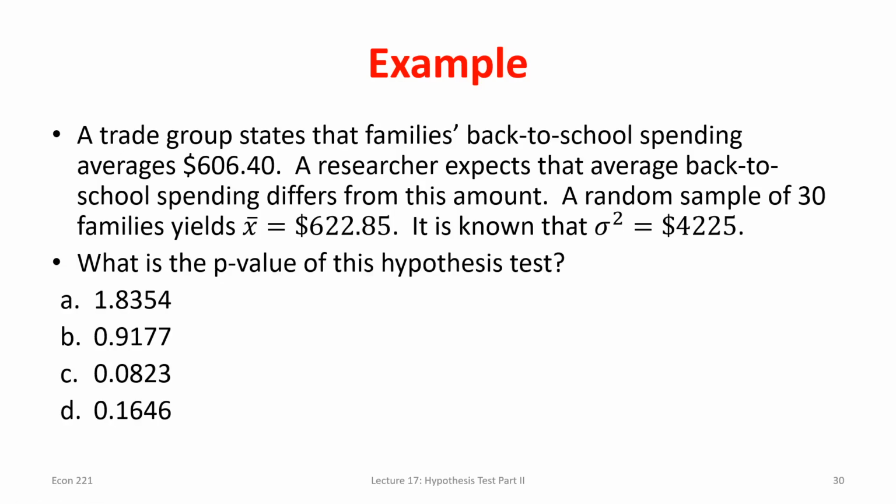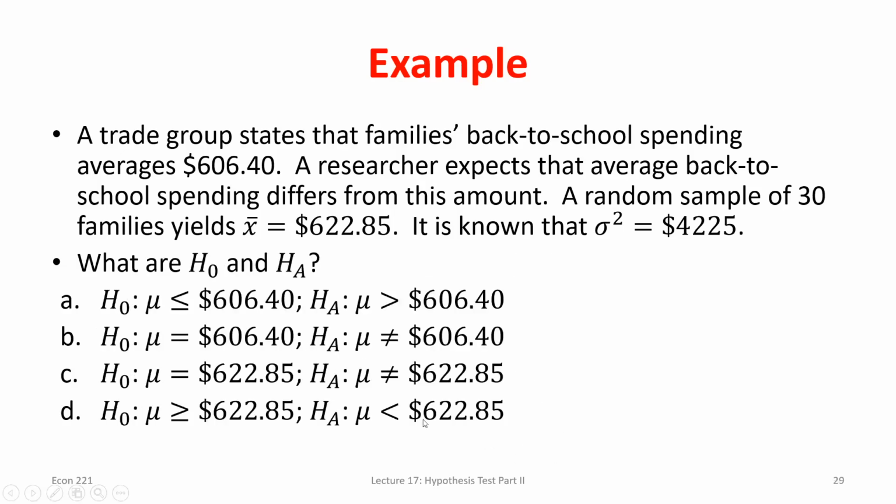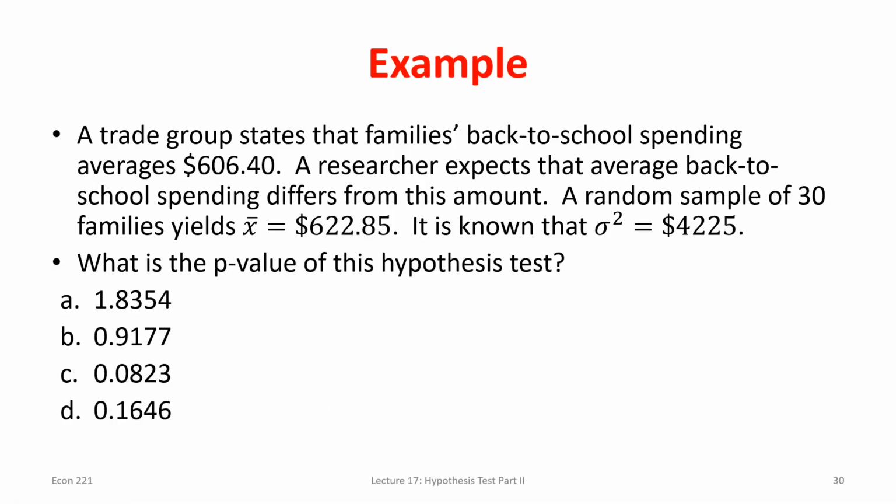Now, first of all, when you're identifying the null alternative, one thing you should always be thinking about is whatever you find from your sample isn't going to be in that null alternative. Your sample is the evidence that you're using to either reject or fail to reject that null. So it shouldn't be the value in your null. So right away when you're given a little problem like this, whatever you see as your sample mean shouldn't be in that null or alternative hypothesis, okay?